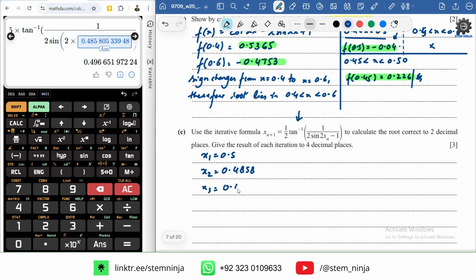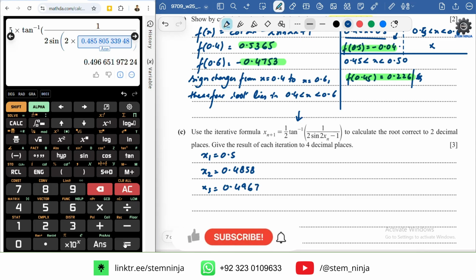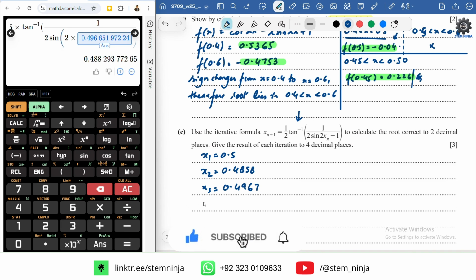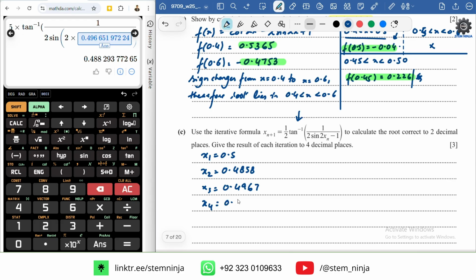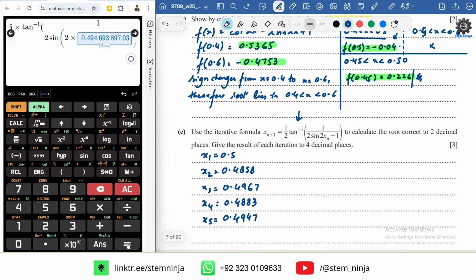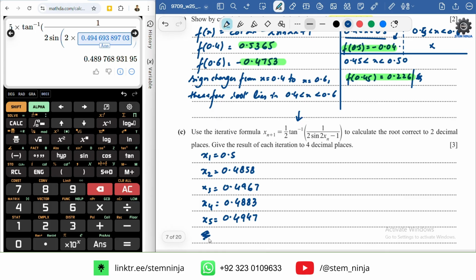So the next one is 0.4967. Right. Now we have 0.488, x3, then 0.4947, and x6 is 0.4897, 98 you can say.